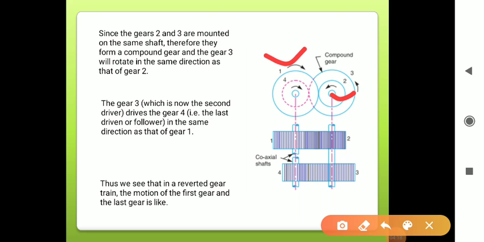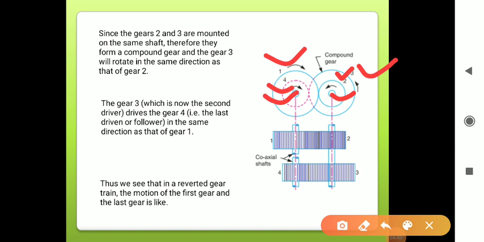Because of that, gear 3 rotates, because gear 2 and gear 3 are mounted on the same shaft. Gear 3 meshes with gear number 4, so gear 3 is the second driver and gear number 4 is the second driven.